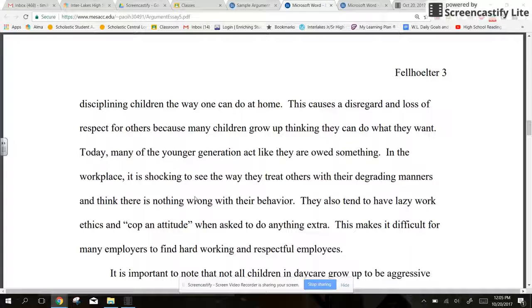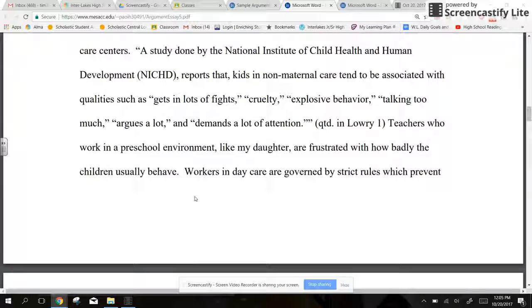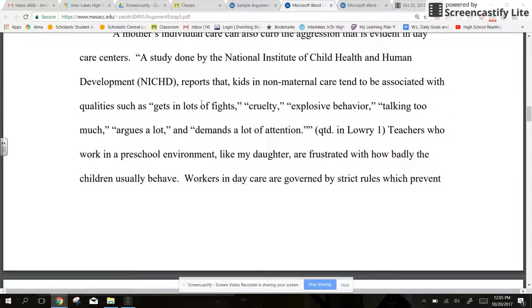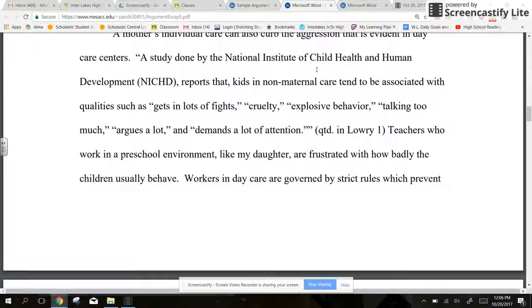Okay, so let's take this last paragraph by pieces, where they brought in these direct quotes that have some large value-charged language. Nobody wants to see fights. Nobody wants to see cruelty. Nobody wants to see explosive behavior. So this was an aptly chosen selection of quotes. One of the things to note is that it seems to come from a reputable source in the National Institute of Child Health and Human Development.